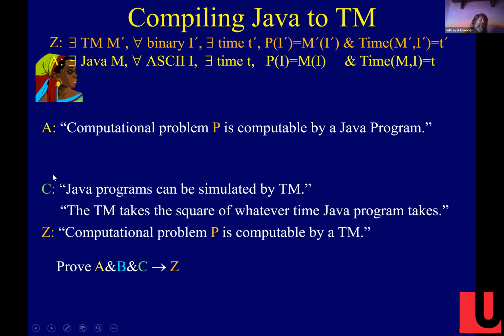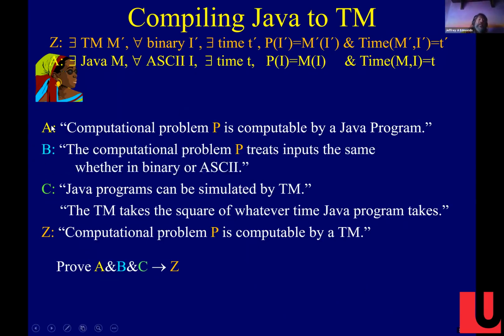We're going to write down a first order logic statement that says this. Then what's B going to say? B says computational problems. You might not have noticed this: the input to the Turing machine is in binary, and the input to the Java program is in ASCII.